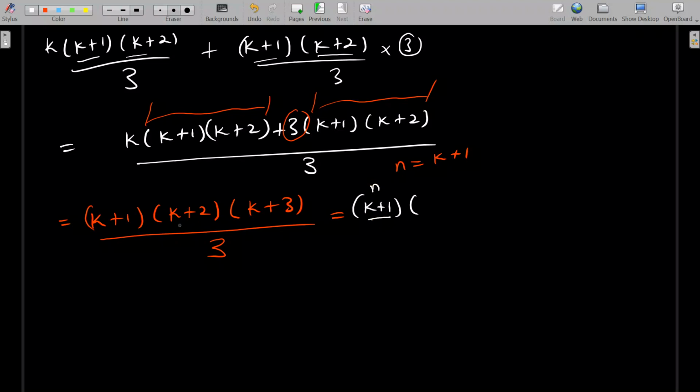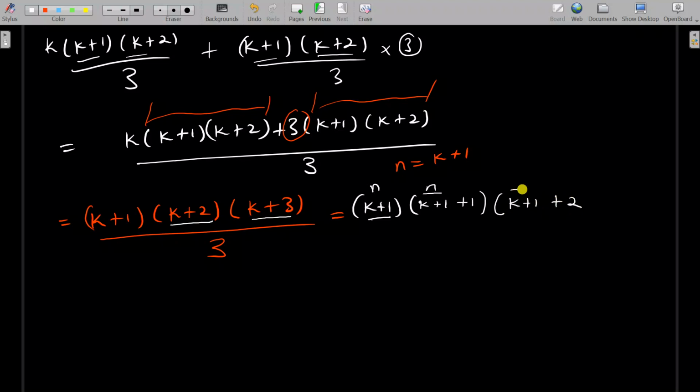It means it's going to be this term. But I don't want to write it as k plus 2. I'm going to have k plus 1, which is my new n, plus 1. And I hope that makes sense, right? The next thing is going to be your n plus 2. So it's n into n plus 1 into n plus 2. Now, instead of writing k plus 3, I'm going to call it k plus 1 plus 2.